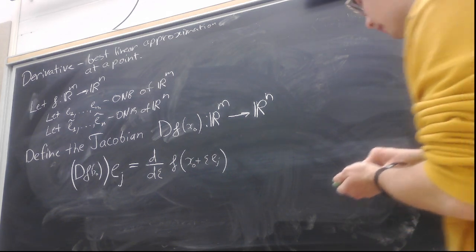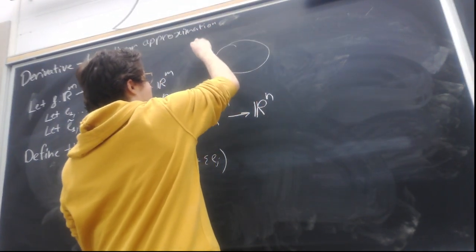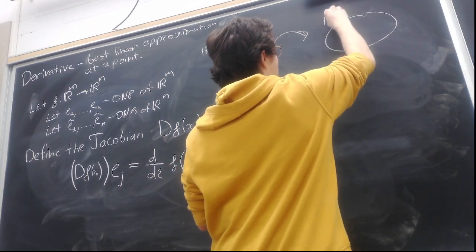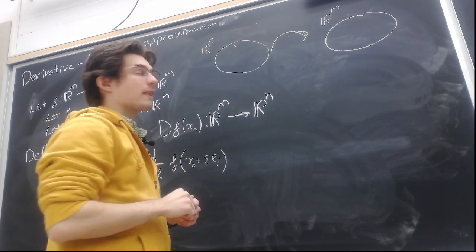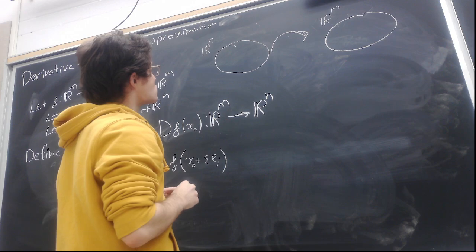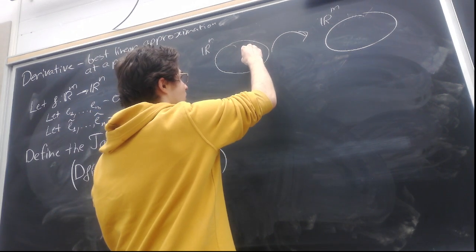let me draw the same diagram again. This is Rn, this is Rm. Do you agree? I would have, say, at some point here, x naught. Right?